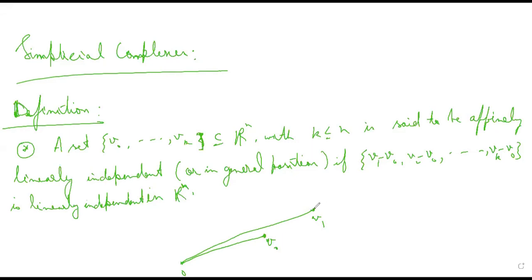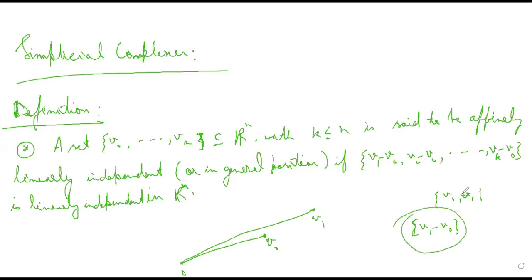Now the question is, is this set V0, V1 affinely linearly independent in R2? For that, we have to find out if V1 minus V0 is linearly independent.